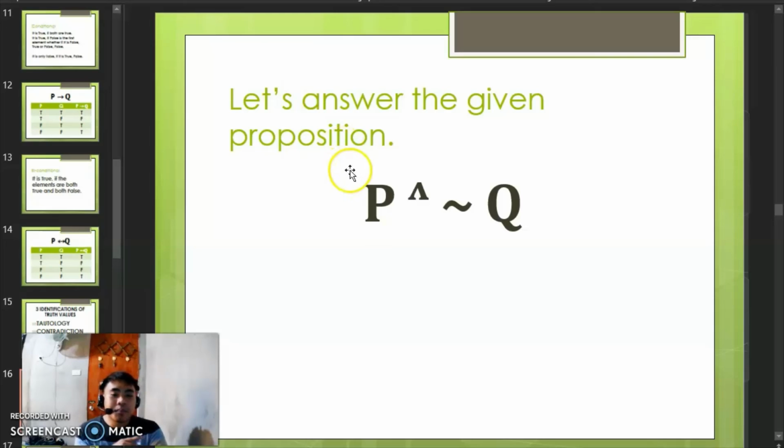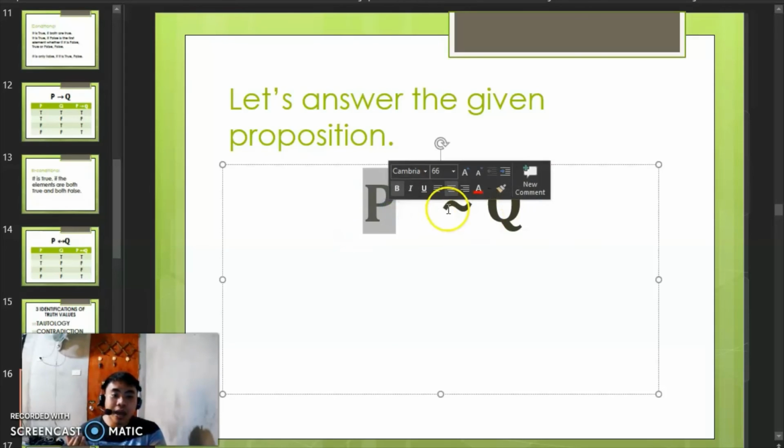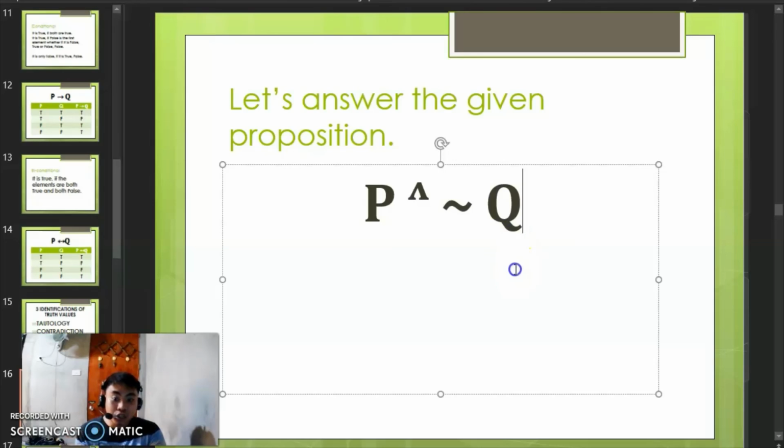Then, para makuha po yung element nito, ico-compare po natin ang element ni P at yung element ng ating not Q using conjunction. Ano nga ulit pag conjunction? It is only true when the two elements are both true.